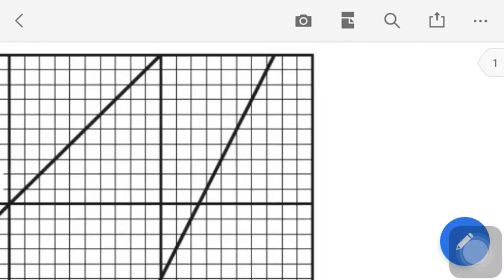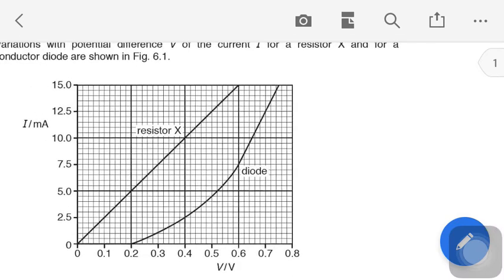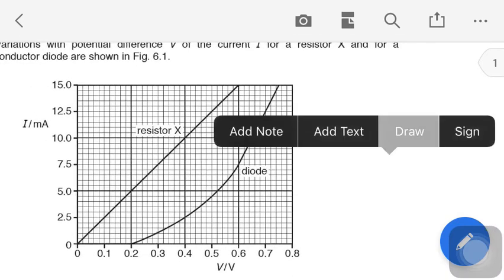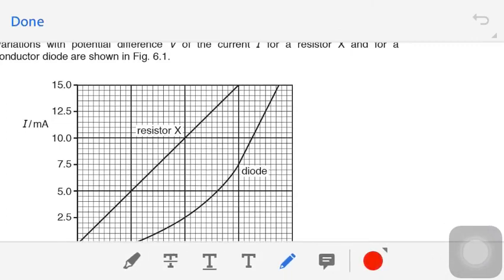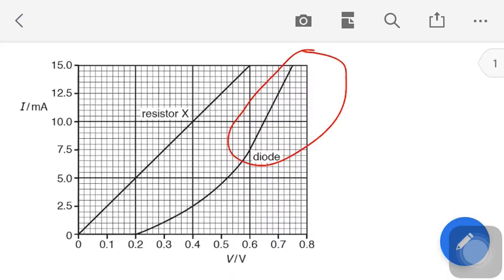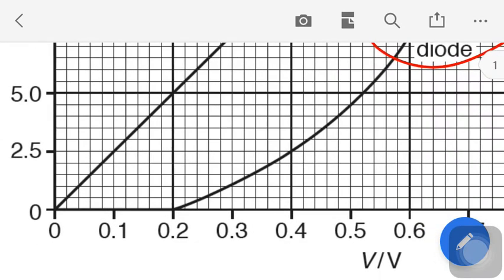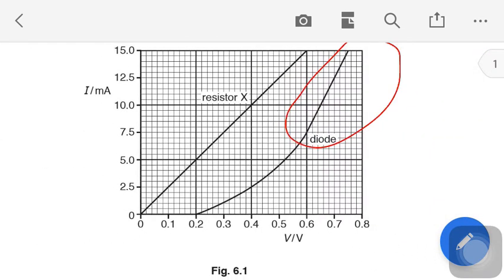It looks like a straight line, right? After 0.6 volts, the graph looks like a straight line. This region looks like a straight line. But we know that for a diode, once you have gone beyond that minimum voltage required to get into forward bias, then the resistance continuously decreases.